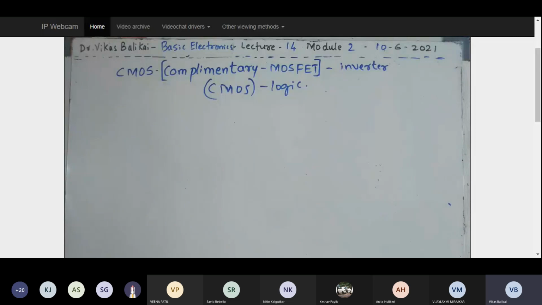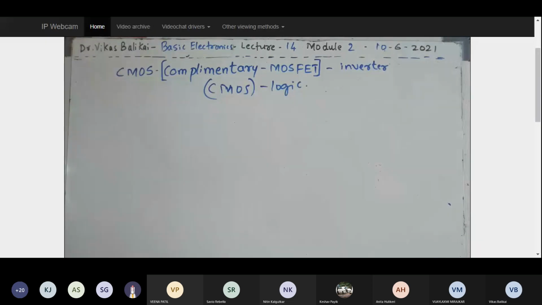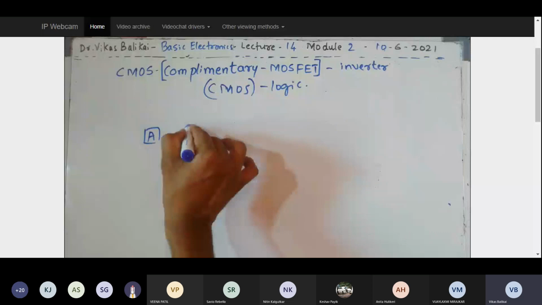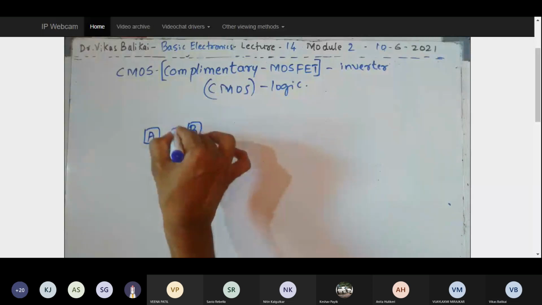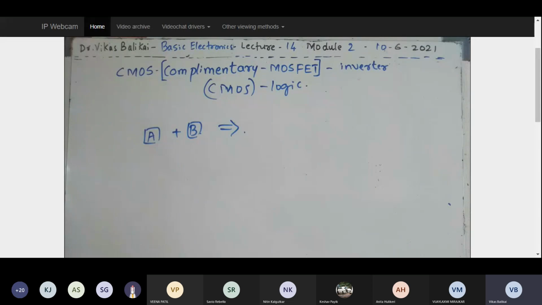Let's say I want to add two numbers, number A and number B. If I ask you how to add these two numbers, there could be multiple ways of answering.